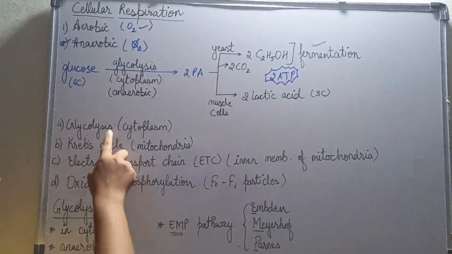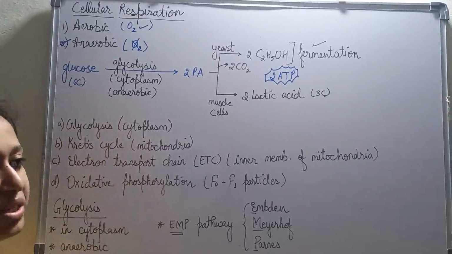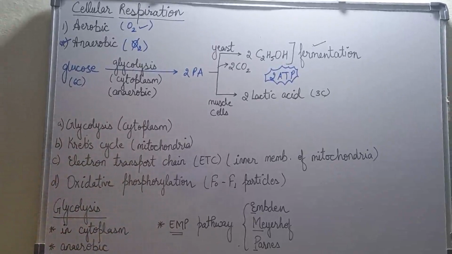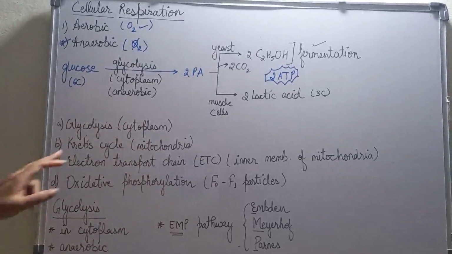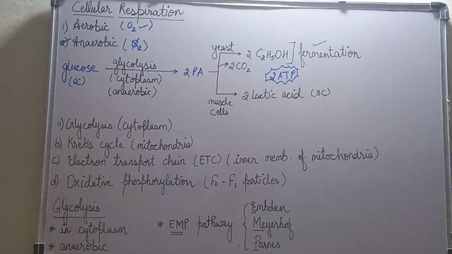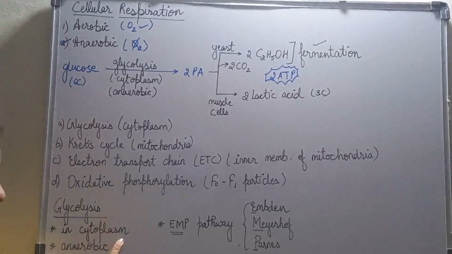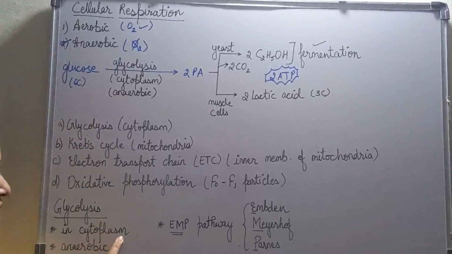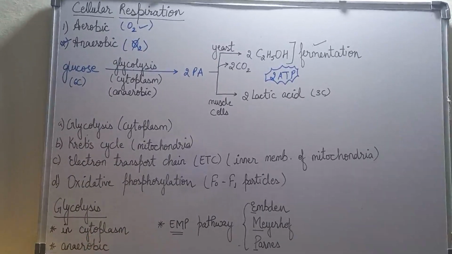So these four steps we'll be studying one by one. In the beginning, the very first we'll be studying is glycolysis. So where does it take place? In the cytoplasm. It is an anaerobic process which occurs in the absence of oxygen.